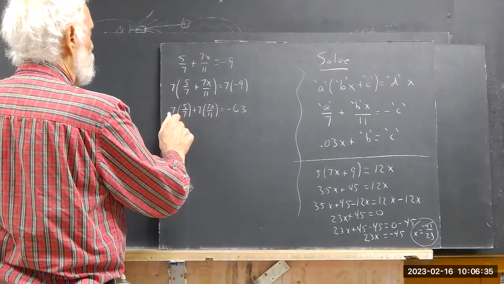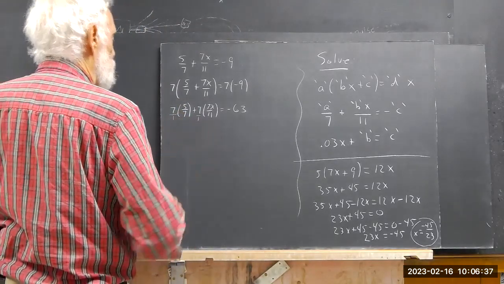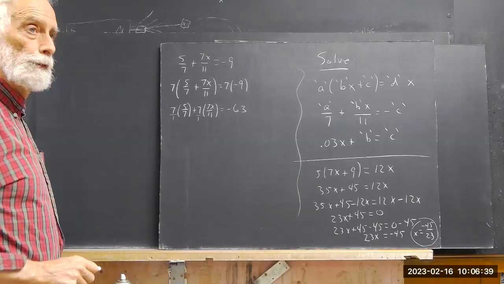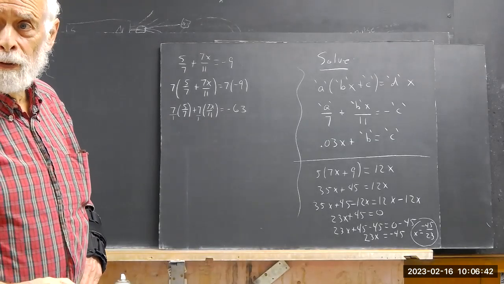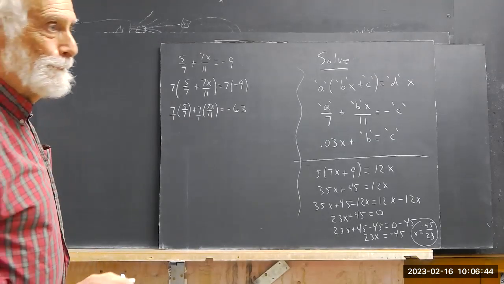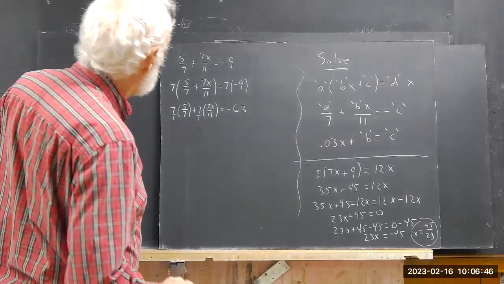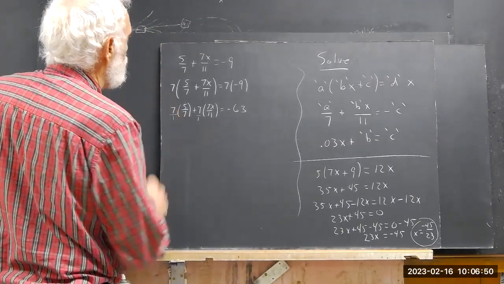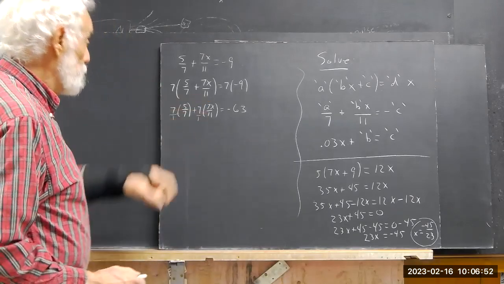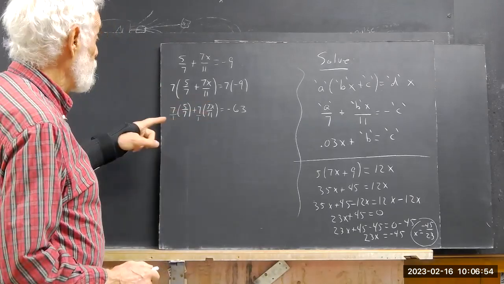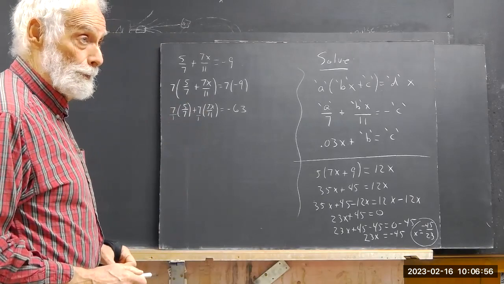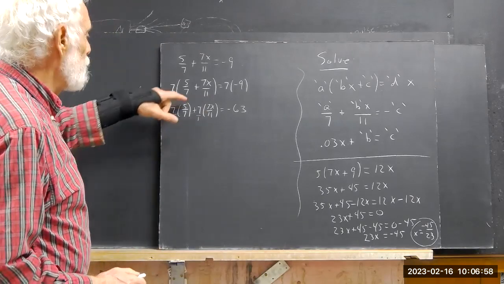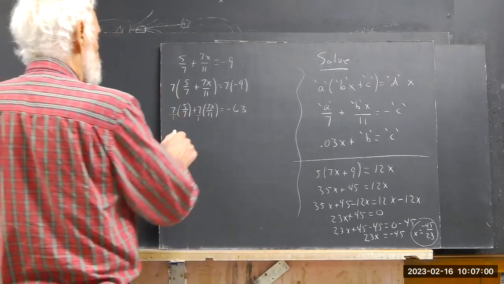Now I like to put the 7 over 1 and the 7 over 1 until people are really, really comfortable with fractions, which is never. And we see that we could interchange the 1 and the 7 because the numerators would still multiply to the same thing, the denominators would still multiply to the same thing. And then we'd have 7 over 7 times 5 over 1, and that's just 5.